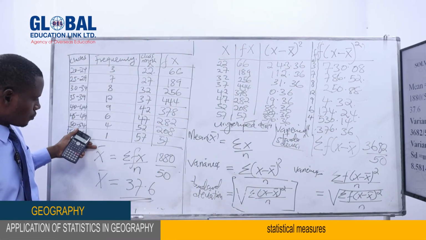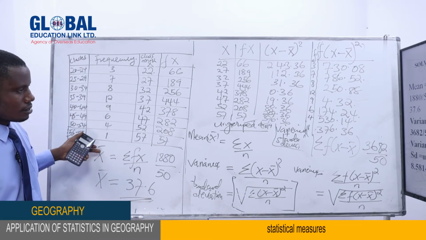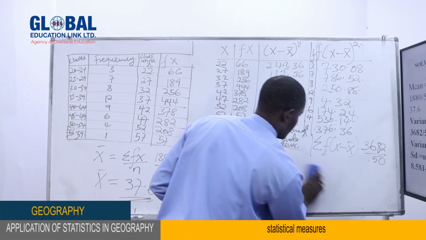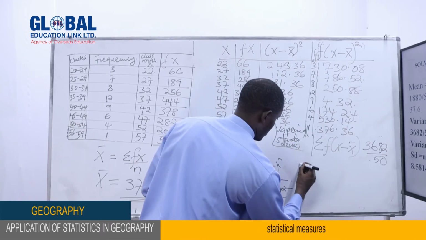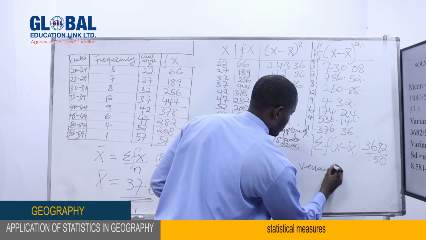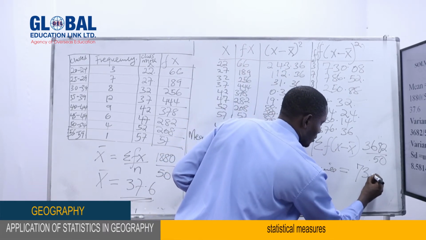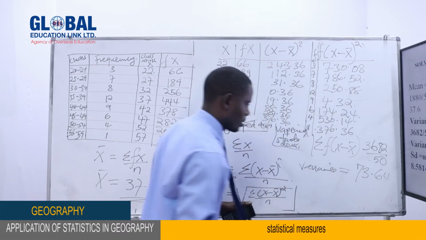You remember what we did here. We are still talking about the frequencies. So if you divide by 50, the variance will be equal to 73.64. This is the variance.